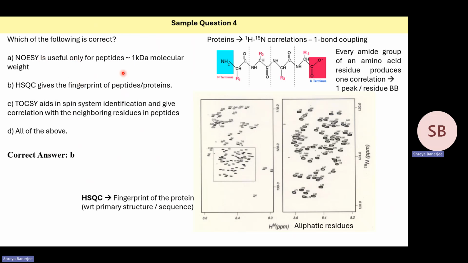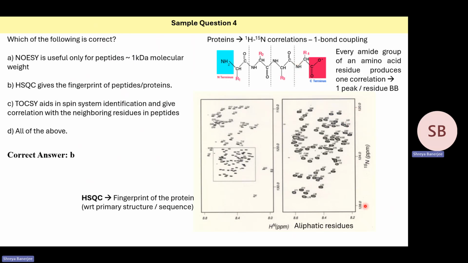And why is that? Option B is telling you HSQC gives the fingerprint of peptides or proteins. So now if you look at a peptide, each amino acid will have one NH proton. If we are leaving out the amino acids which have side chain NH, then each amino acid will have one NH proton.